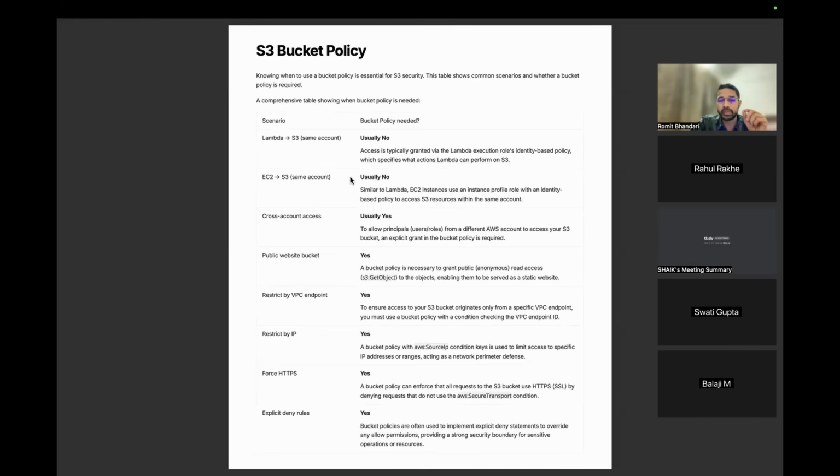And for VPC endpoint, restrict by IP, HTTPS, explicit deny, all these require S3 bucket policies. Only internally in the account, if another service is trying to access S3, you don't require it, because the identity policy attached to that resource would already have that permission. That's why AWS doesn't want a separate explicit bucket policy within the same account.